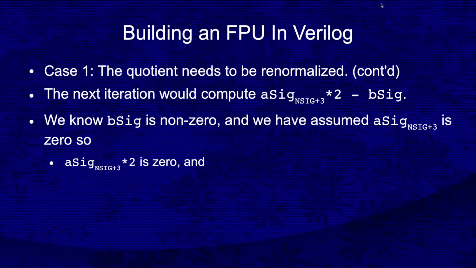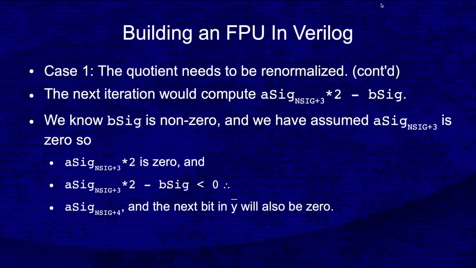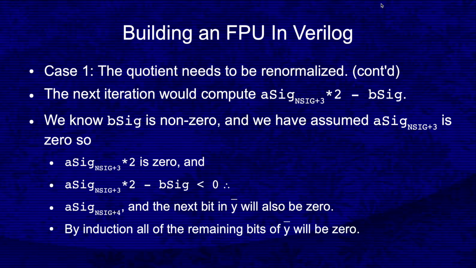So ASIG sub NSIG plus 3 times 2 is 0, and ASIG sub NSIG plus 3 times 2 minus BSIG is less than 0. Therefore, ASIG sub NSIG plus 4 and the next bit in Y bar will also be 0. By induction, all subsequent bits of Y bar will also be 0.